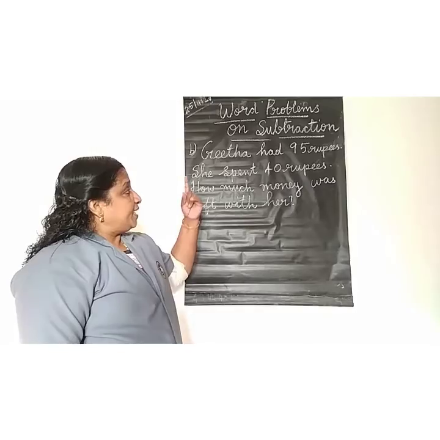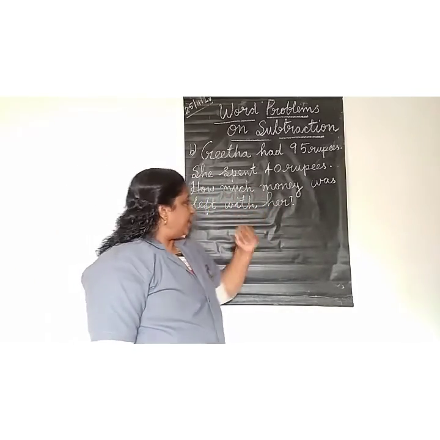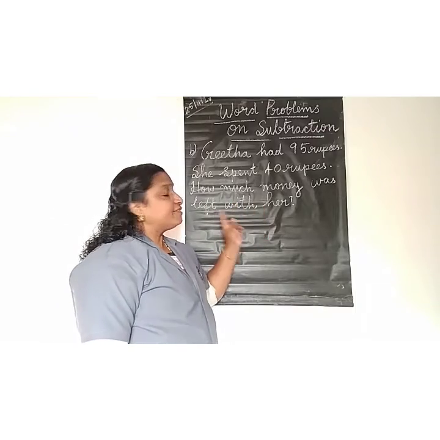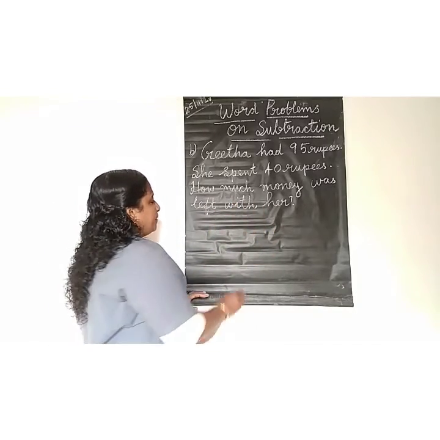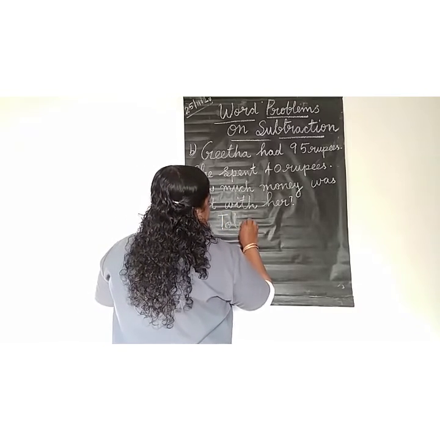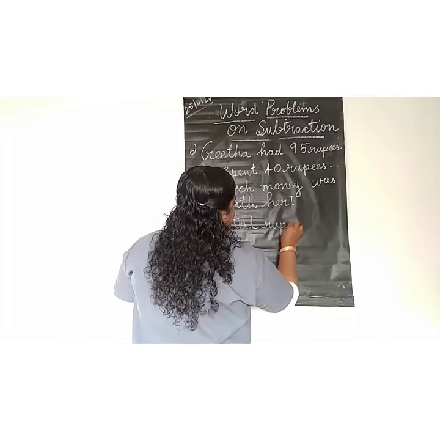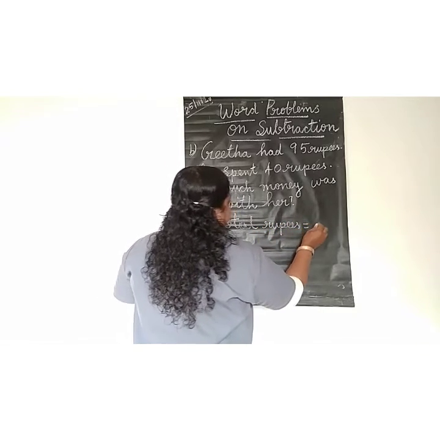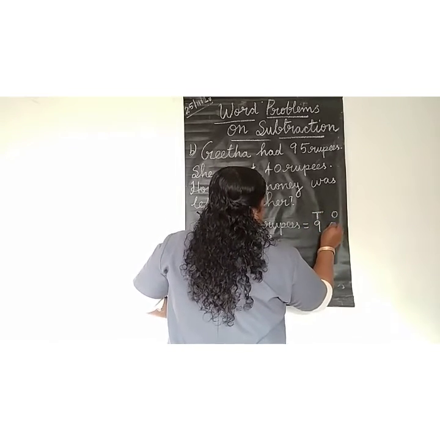Second question. Geeta had 95 rupees. She spent 40 rupees. How much money was left with her? That is the question. Okay. So total amount. How much money she got? Total rupees. How much she got? Yes, 95.